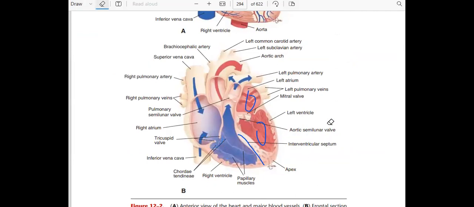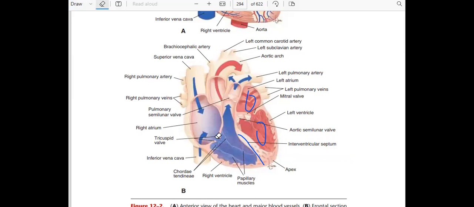Nowadays we have automatic doors, or in malls we have sensor doors. Whenever you go next to the door, it opens automatically. So here we have doors from one chamber to another chamber.